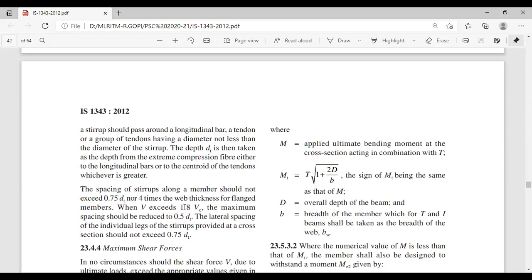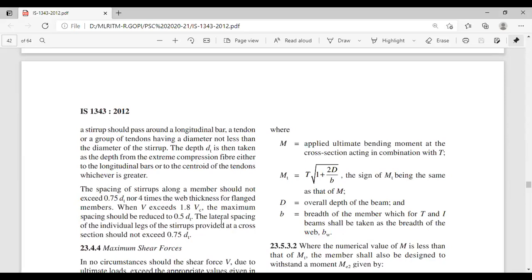When B exceeds 1.8 times of BC, the maximum spacing should be reduced to 0.5 dt. The lateral spacing of the individual legs of the stirrups provided at a cross section should not exceed 0.75 dt. Lateral spacing means horizontal bar spacing.